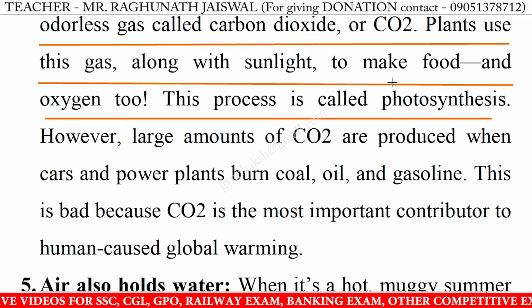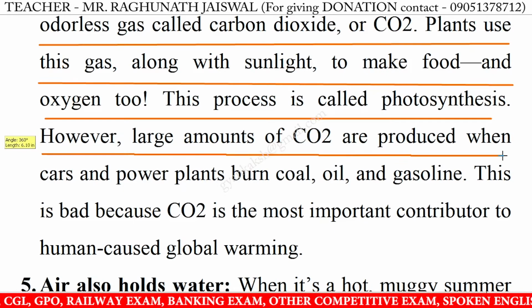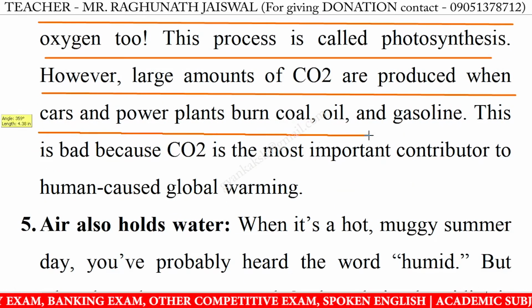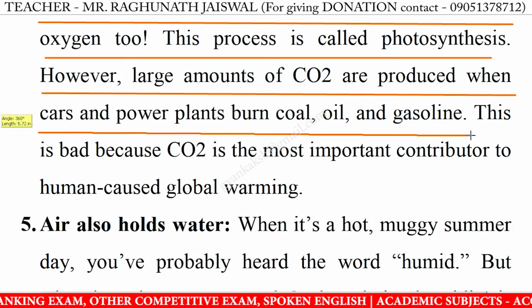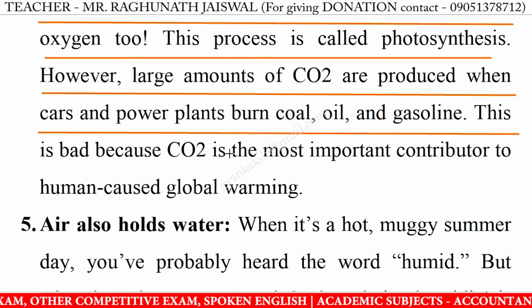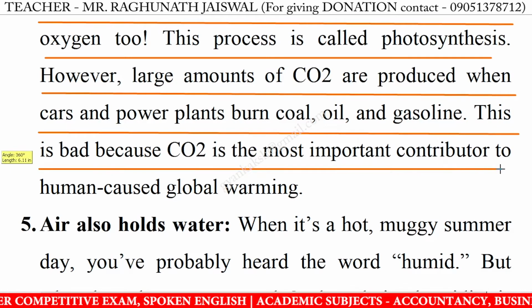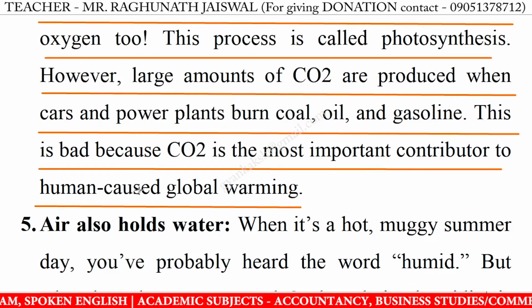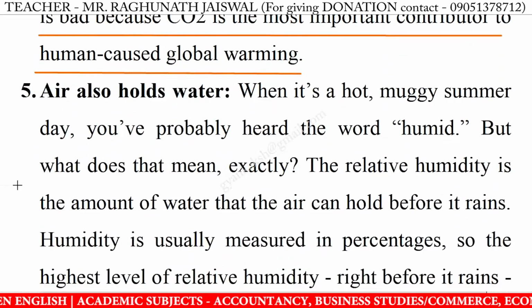This process is called photosynthesis. However, large amounts of CO2 are produced when cars and power plants burn coal, oil, and gasoline. This is bad because CO2 is the most important contributor to human caused global warming.